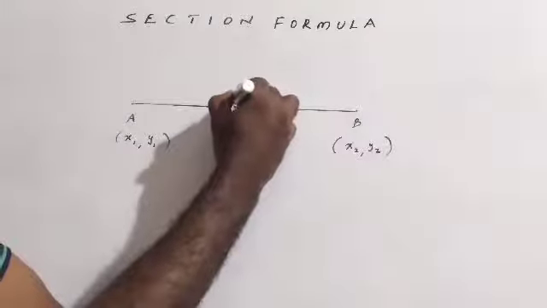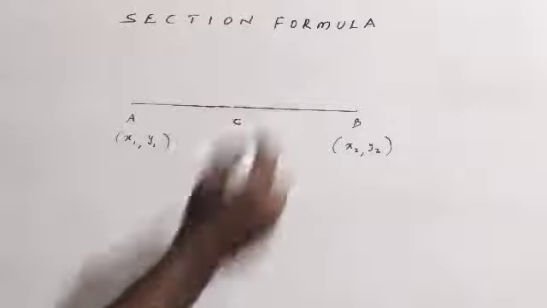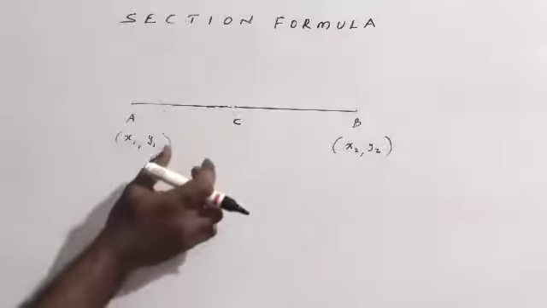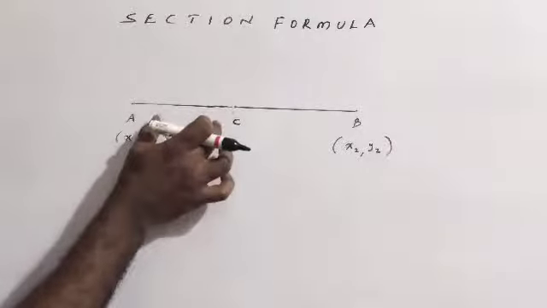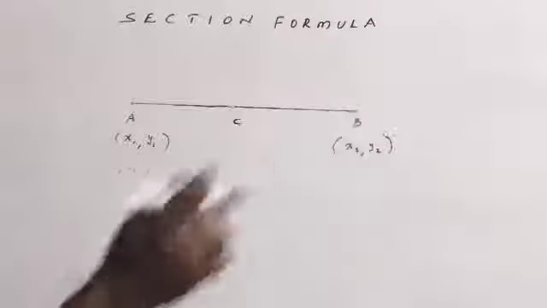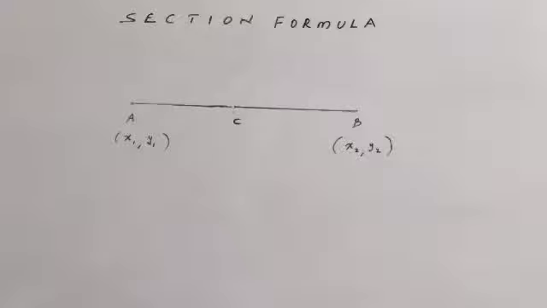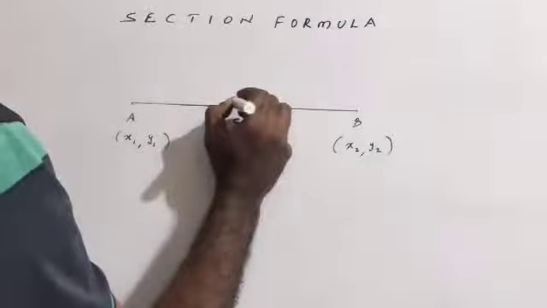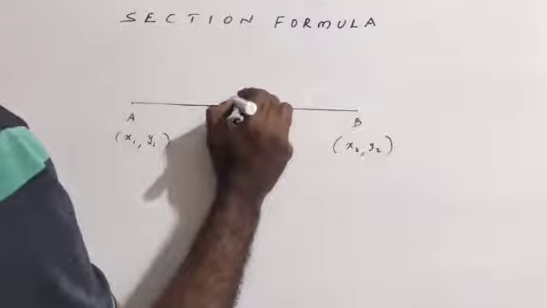In this line segment we get two portions, or two parts, or two sections. One is AC and another one is CB. So the point divides the line segment. Now the point C divides the line segment AB into two parts.